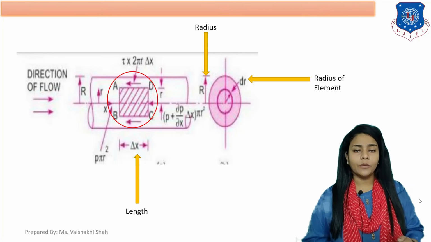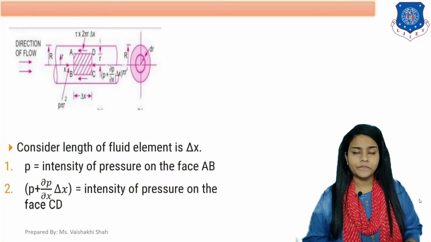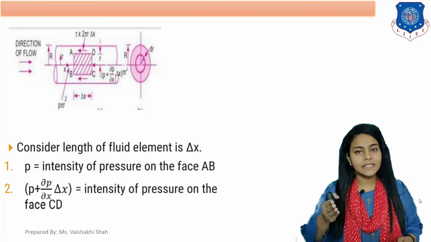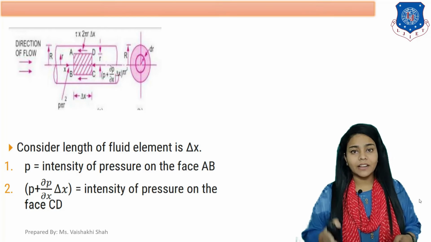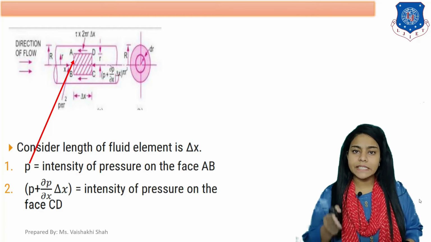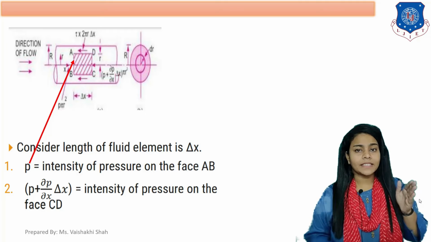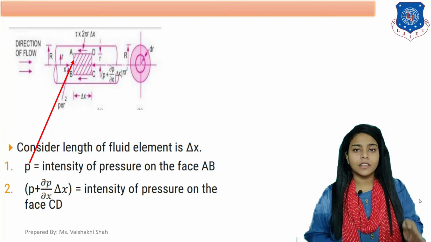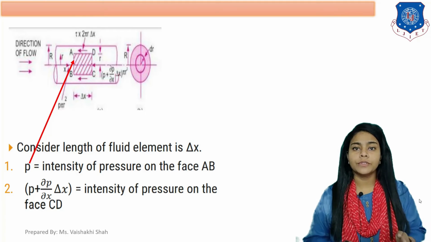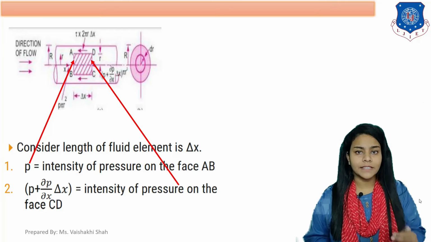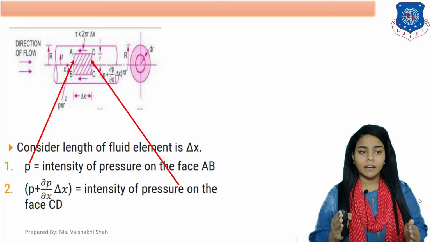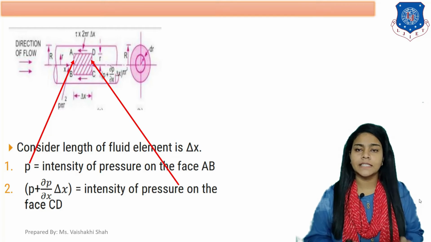Now in this diagram, the pressure acting on surface AB is P. On surface CD, the pressure acting is P plus del P by del X into del X.